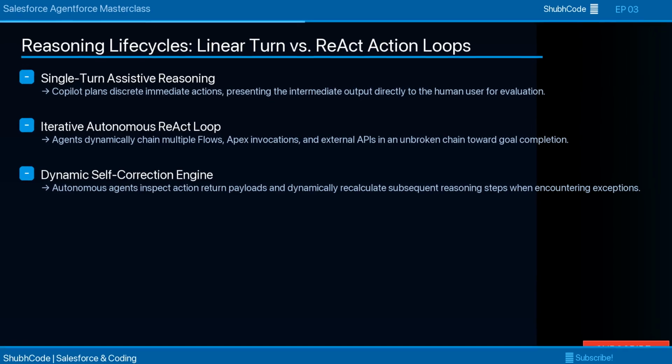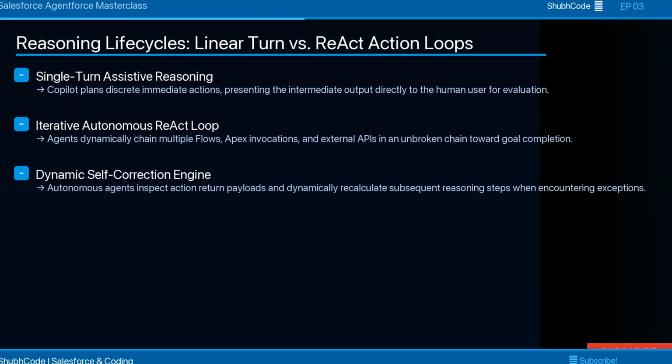When you examine the cognitive lifecycle under the Atlas engine, the execution loop divergence becomes remarkably clear. Einstein Copilot typically follows a short, single-turn evaluation model designed to summarize data, generate drafting suggestions, or invoke a single confirmation dialog. Custom agents employ continuous ReAct orchestration loops, where the agent repeatedly reasons, calls an action, evaluates the output, and self-corrects until the target objective is solved.